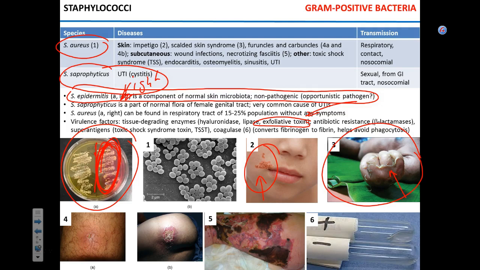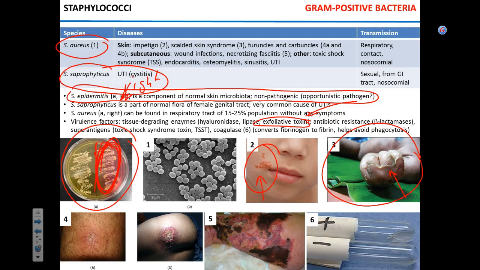I don't have the picture right here, but you can find a microscopic image, like a tissue slice, and it will show you the dermis, and then the epidermal layer is separated from it. That's scalded skin syndrome. Does that make sense? Okay. Many Staphylococcus aureus strains are antibiotic resistant. That's MRSA, methicillin-resistant Staph aureus. I'll get to some other virulence factors later.